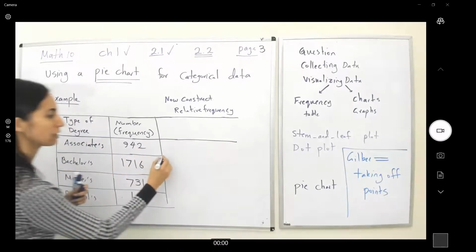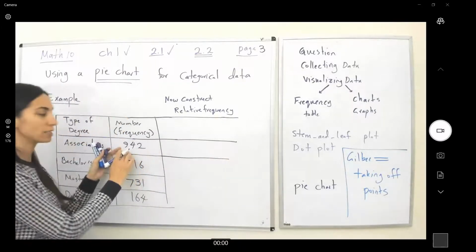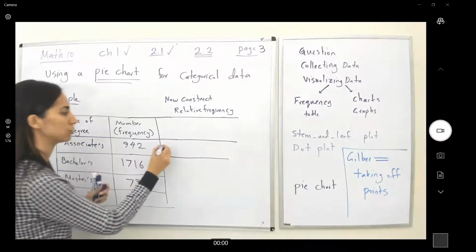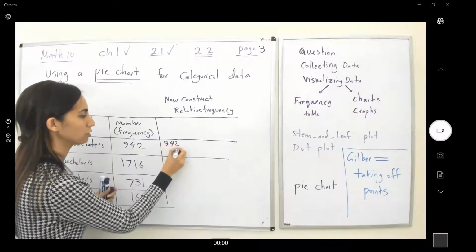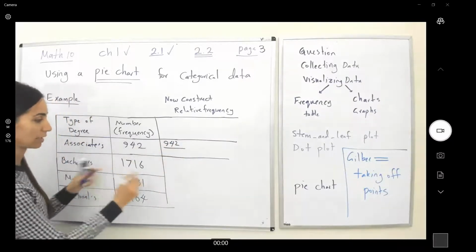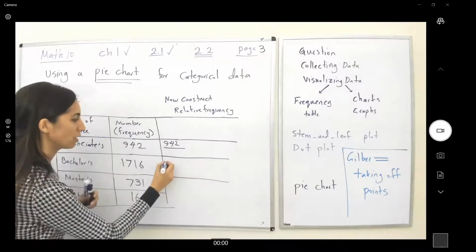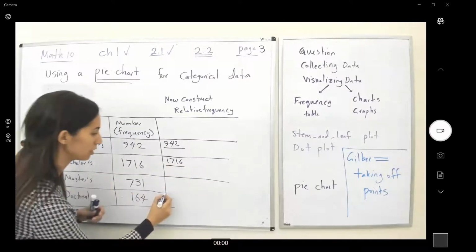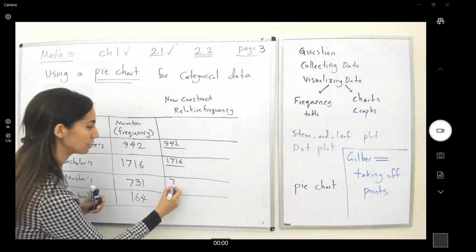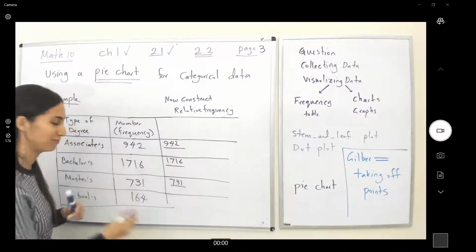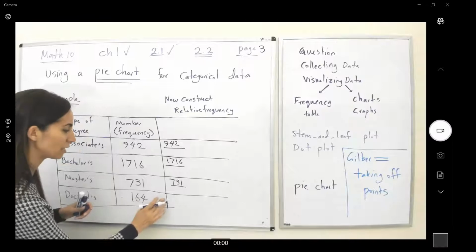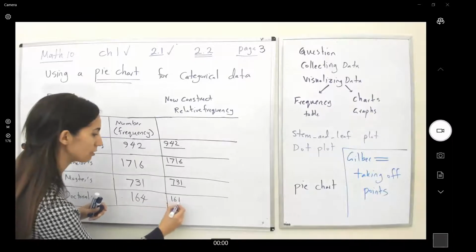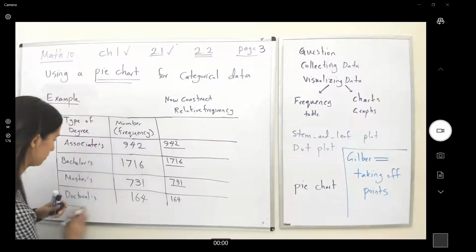So the first category has frequency 942 divided by. The second category has 1,716 divided by. The third category is 731 divided by. Then last category is 164 divided by.